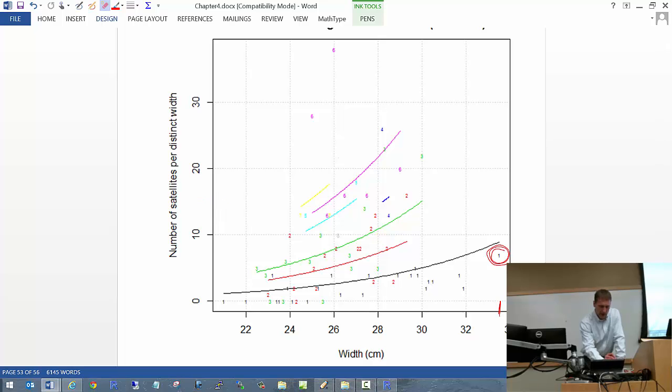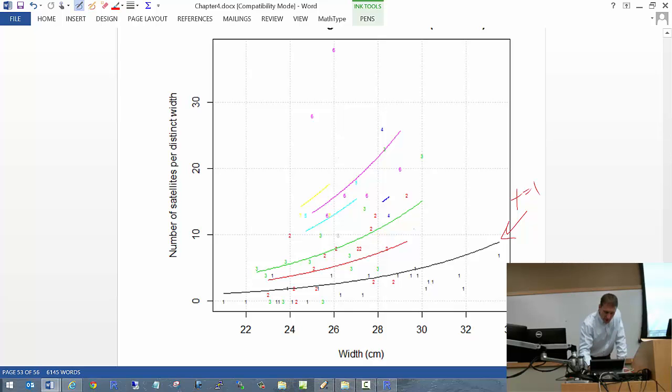Let's take a look at the lines. So this black line is for t equal 1. And essentially what that line is trying to do is go through kind of the middle of those ones. Think of what a regular old normal linear regression model does. It tries to go through the middle of your observations. If you do a scatter plot of y versus x, it's essentially what's happening here.